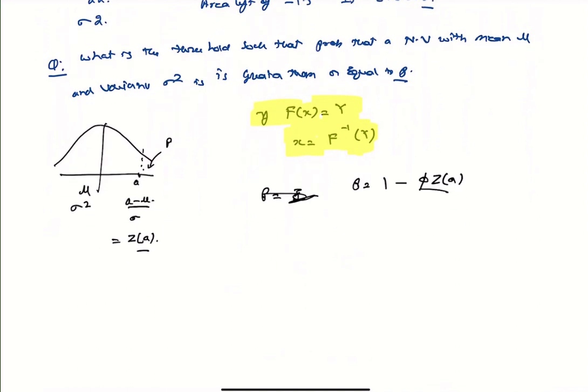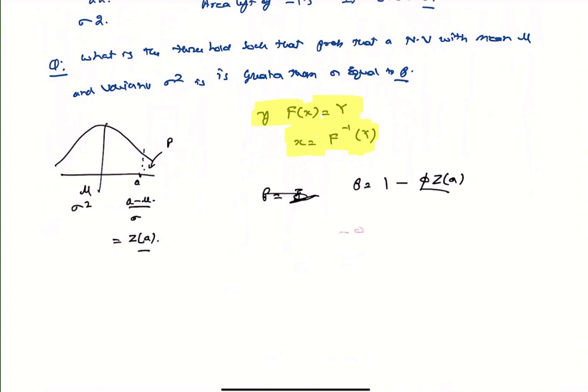So that's what it is. Now, minus capital Phi z of a is going to be p minus 1. So phi z of a is going to be 1 minus p.